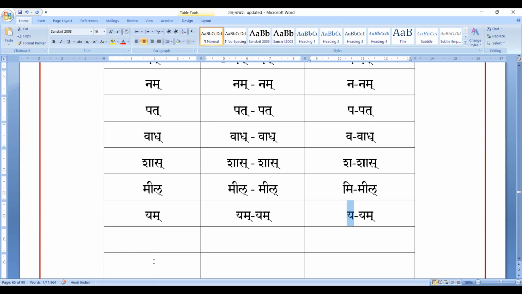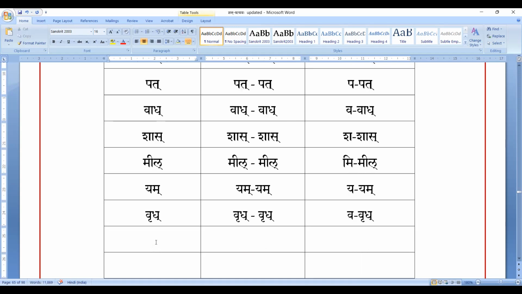Ya will remain as it is. Will not undergo any change. Then vriddha dhatu, vriddha. So here what will happen? Aladi sheshaha, vr, then we will get var, then vavriddha. So va will remain as it is. Similarly, yam, tadvat, ram also. Ram dhatu.